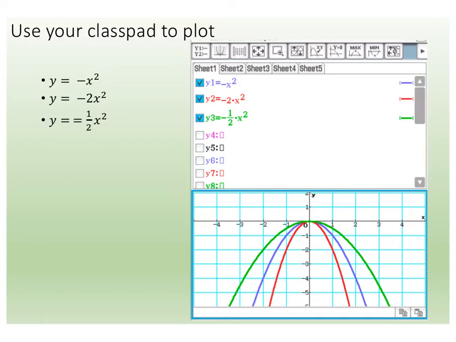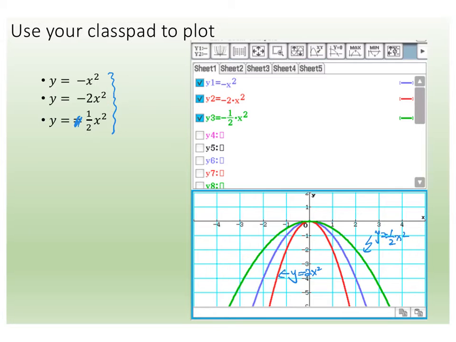Here again, use your class pad. Plot y equals minus x squared, y equals minus 2x squared, and y equals minus half x squared. Here, the red line is y equals minus 2x squared. The green line is y equals minus half x squared.